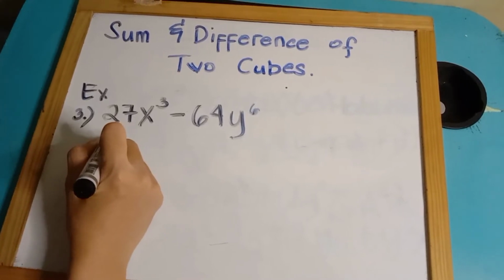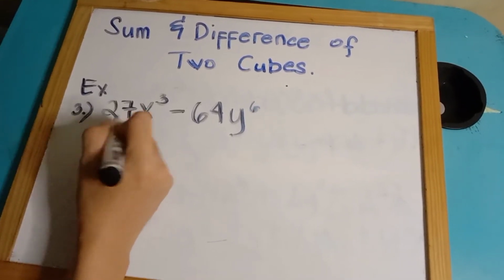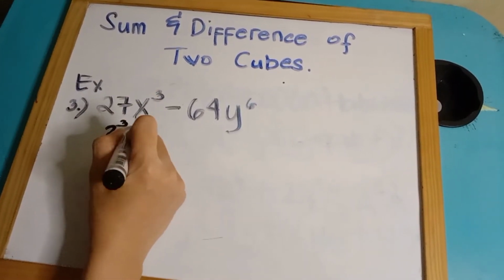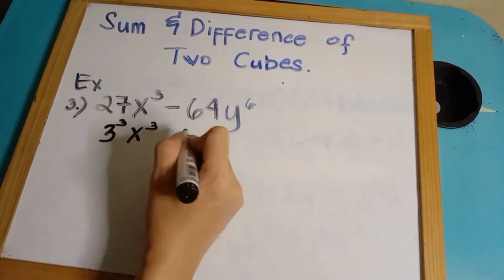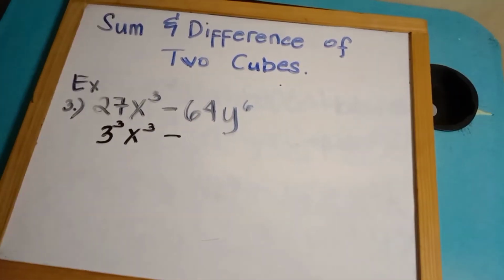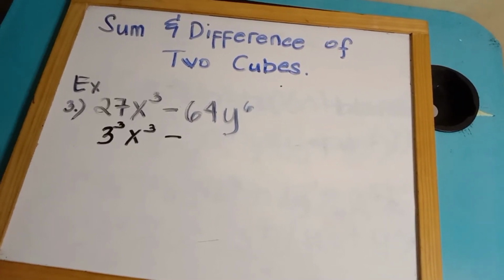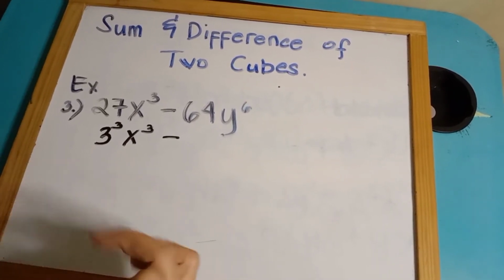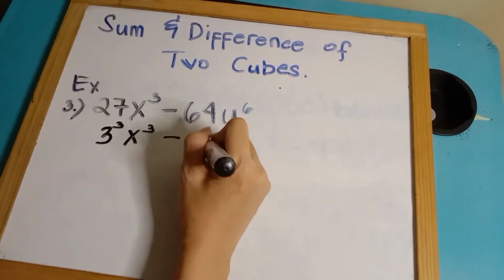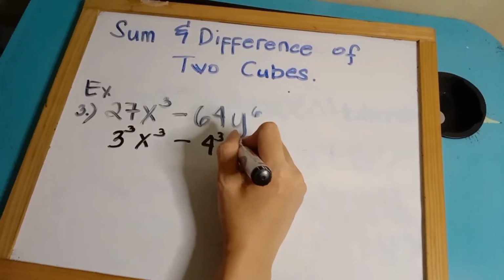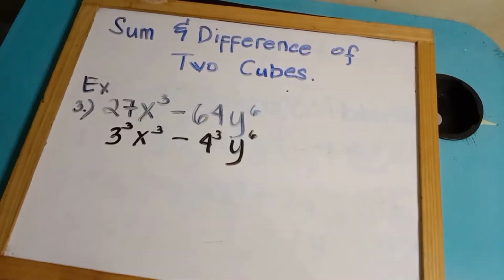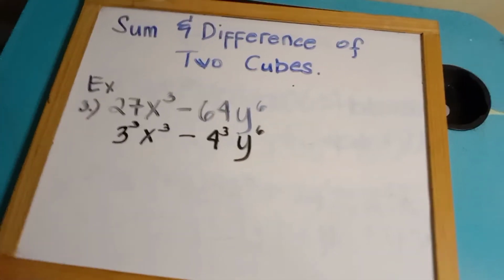So that can be written as 3 cubed. And then x cubed minus, how about yung 64? Pwede natin siyang isulat as 4 times 4 times 4 or simply 4 cubed and y to the 6. So, ganyan yung equivalent niya, di ba?